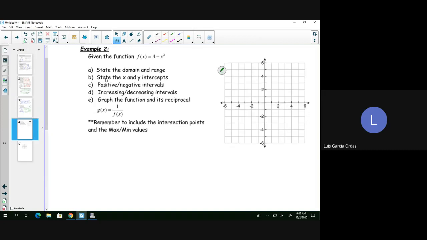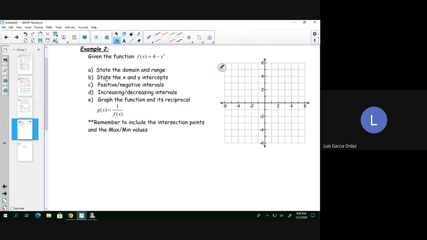Me personally, I'd rather do synthetic division and long division than these reciprocal functions, only because they can get confusing at times. So we're going to do the same thing. We have our function, f of x is equal to 4 minus x squared.